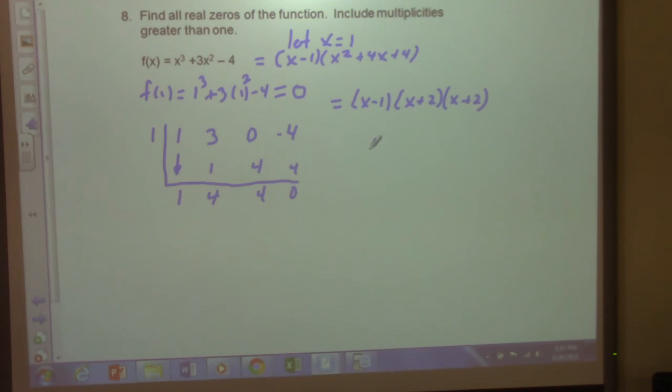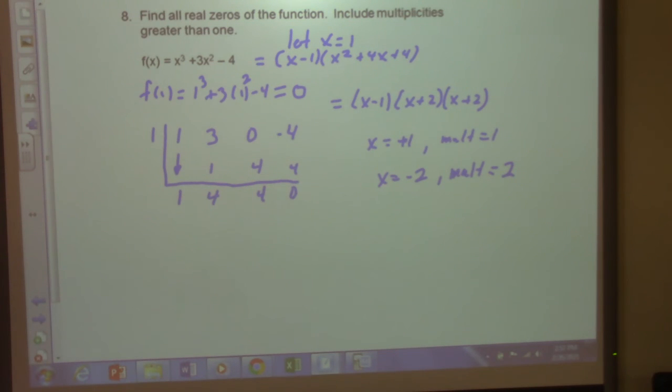So what you have is x equals negative 1. It says include multiplicities. Actually, it's supposed to be x equals 1, multiplicity of 1. X equals negative 2, multiplicity of 2.